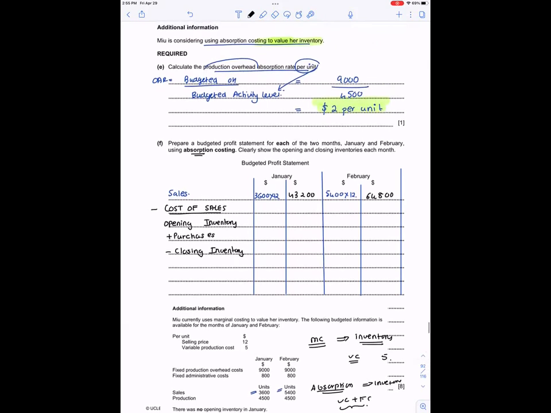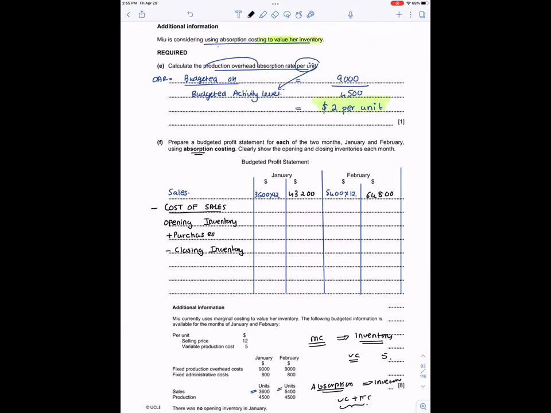In this sum, they have said that they are using absorption costing to value inventory, and they are calculating the production overhead rate per unit. That means in absorption costing, variable cost will definitely come. What is the variable cost? 5.